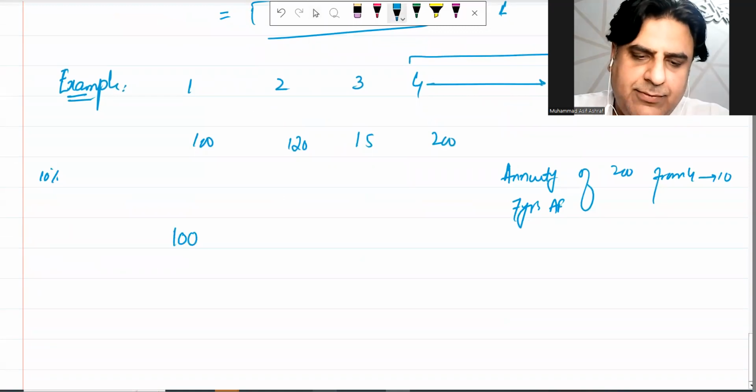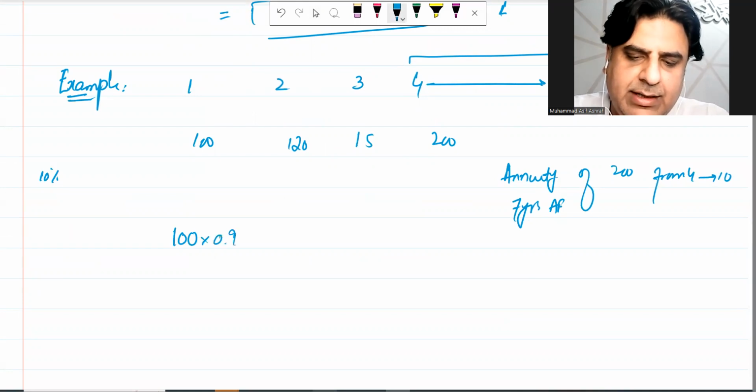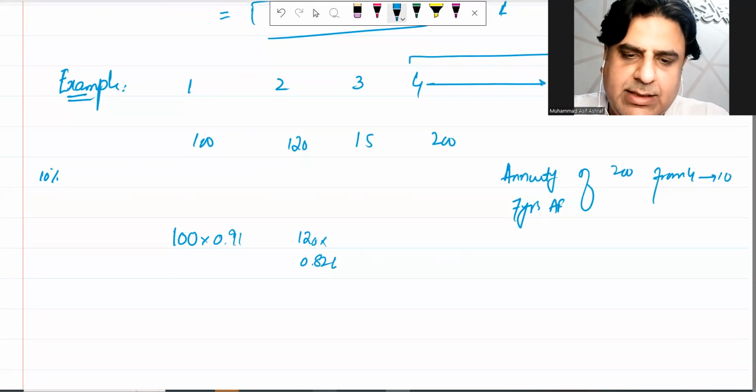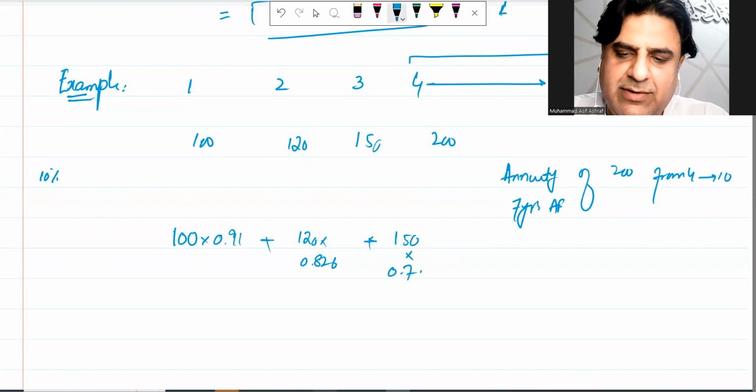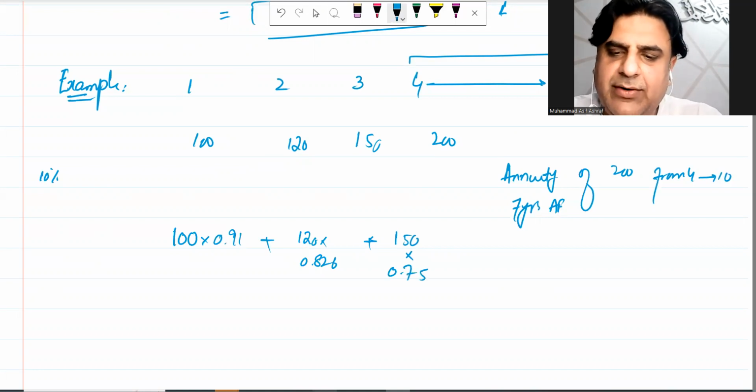The 100 in the first year is not an annuity. This is basically discount factor 0.91, 120 with 0.826, then 150 multiplied by 0.75. From year 4, we have an annuity of 200.